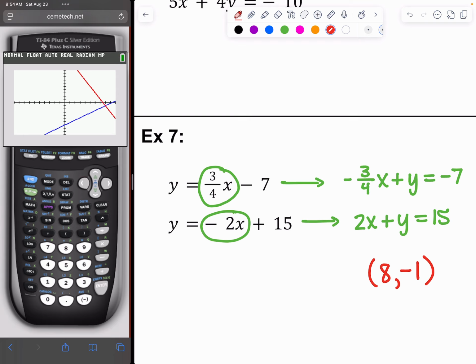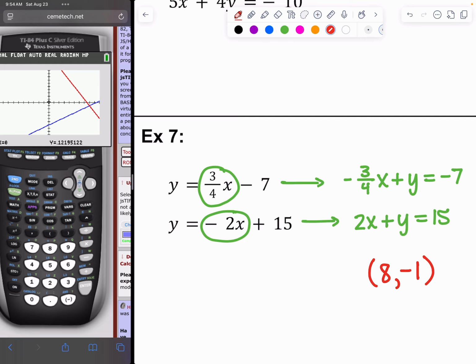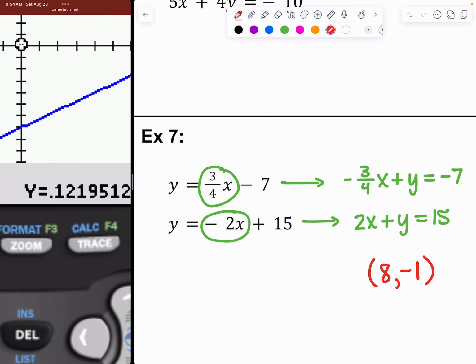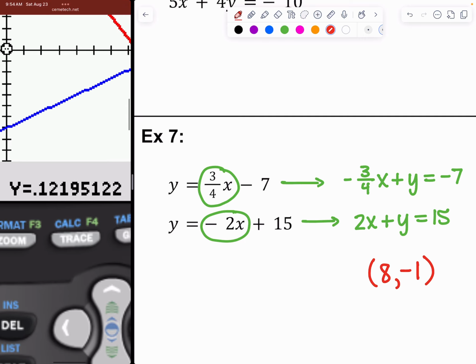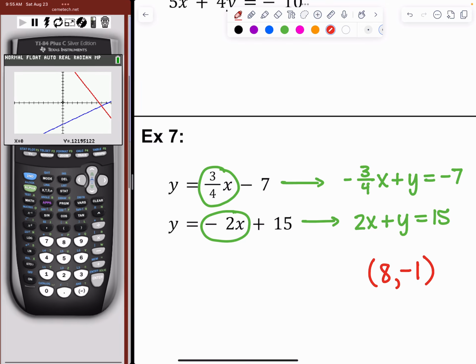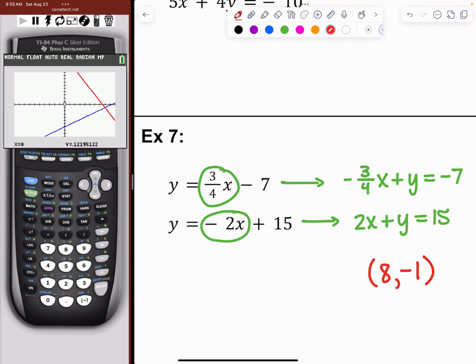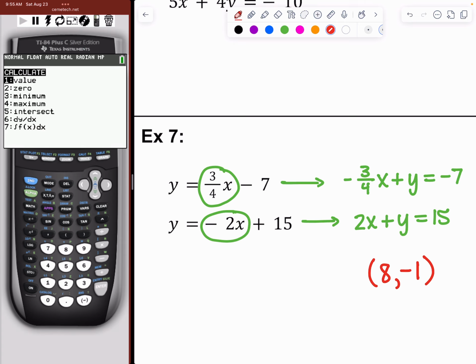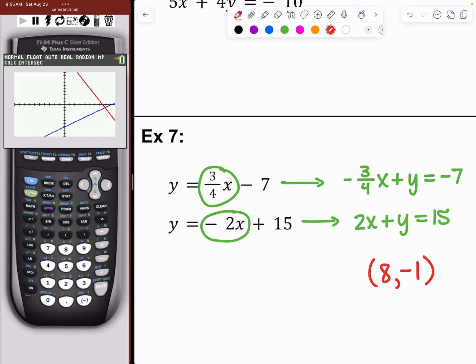If I look at the buttons at the bottom of the calculator, I want to calculate the intersection. You should see a calc above trace, written in blue. That means you press the blue second button first, then trace, and choose calculate intersection, number 5.